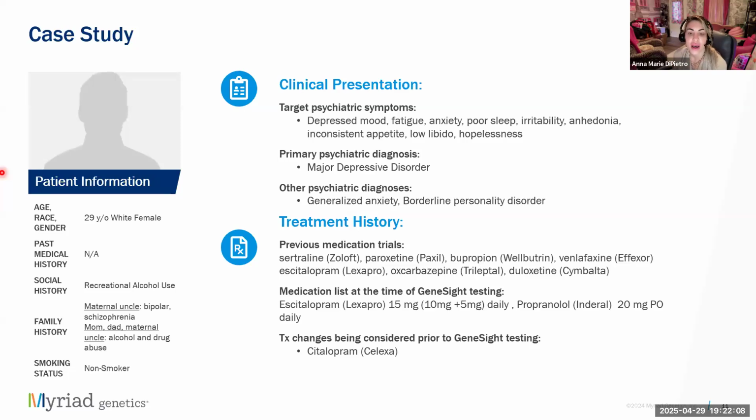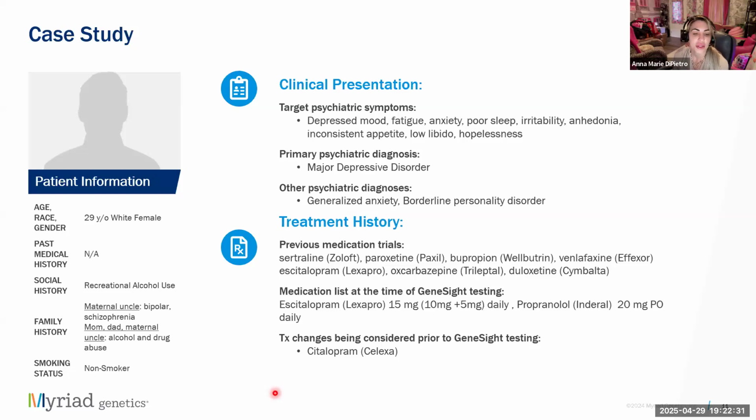She had tried a lot of different medications in the past. Those are listed in front of you. Some of them, sertraline, venlafaxine, duloxetine. At the time of the testing, she was on escitalopram and propranolol, and the drug that was being considered prior to receiving the GeneSight testing was citalopram.